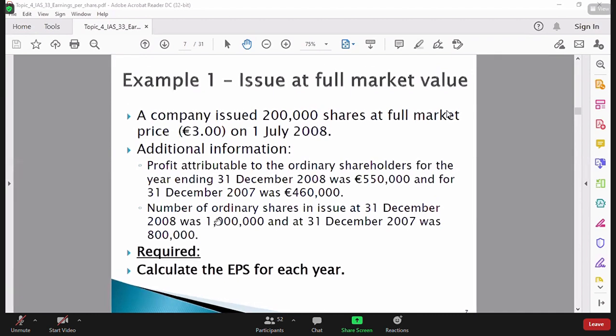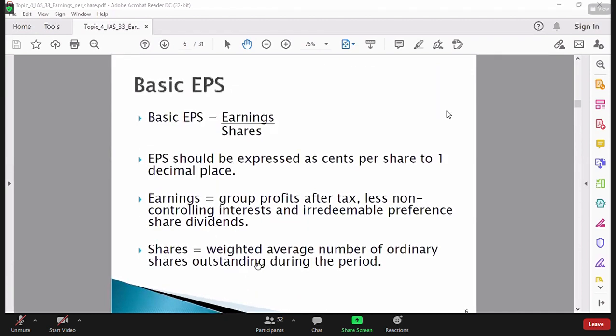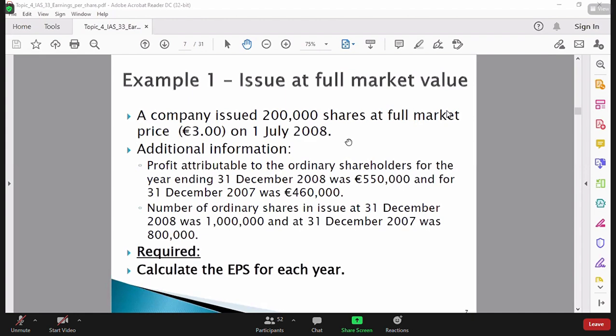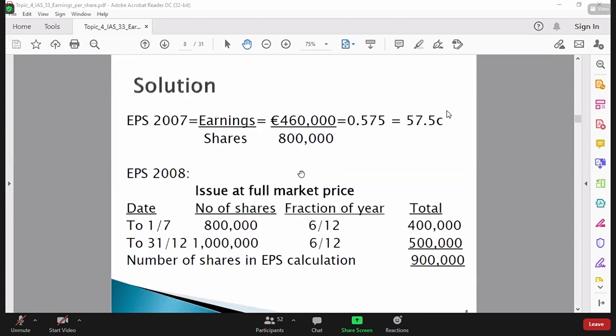So that will be wrong. Why? Because according to the standard, you have to calculate the weighted average number of ordinary shares if there is a new issuance during the accounting period. So how to do that? This will be the answer.